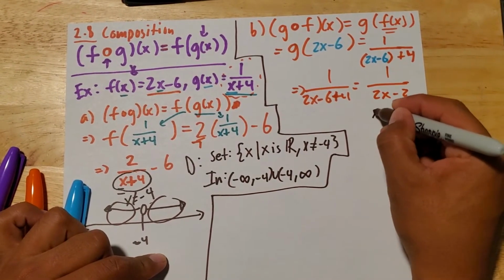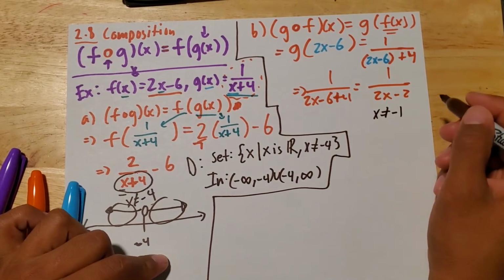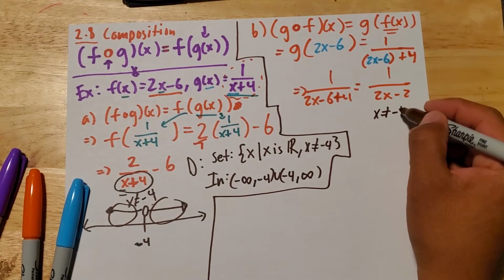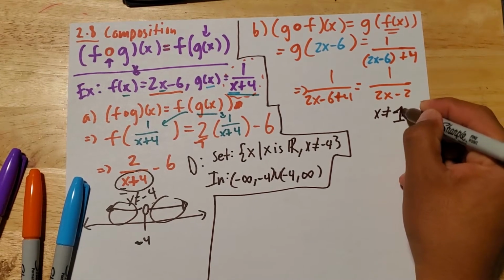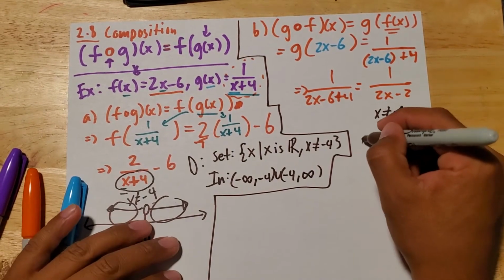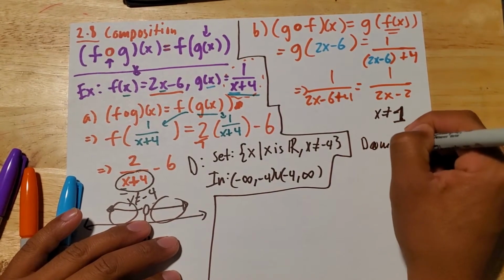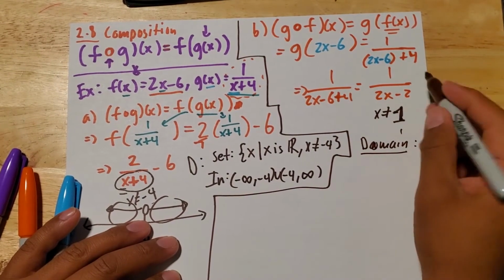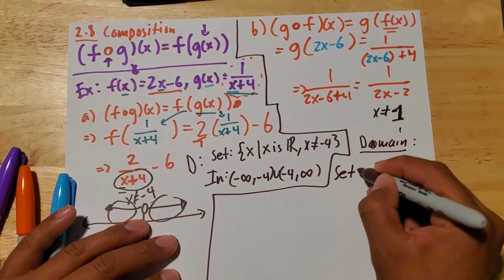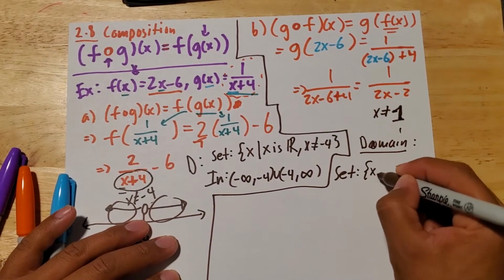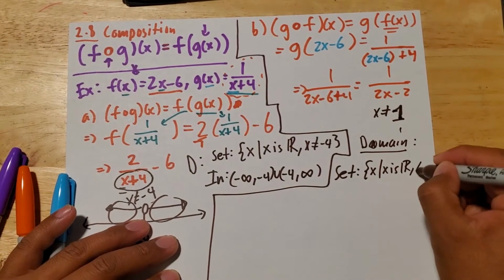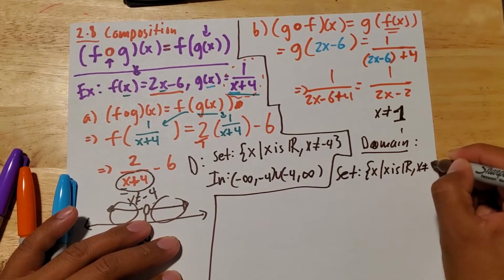I don't want it to be positive 1, because 2 times 1 is 2, minus 2 would give me 0. So when I do set notation, that's going to be x such that x is all real numbers. It just cannot be equal to 1.